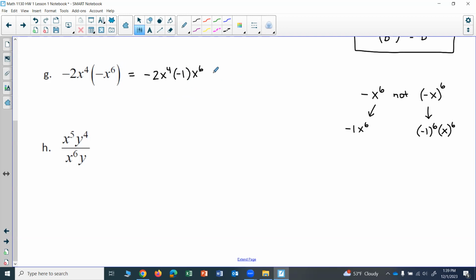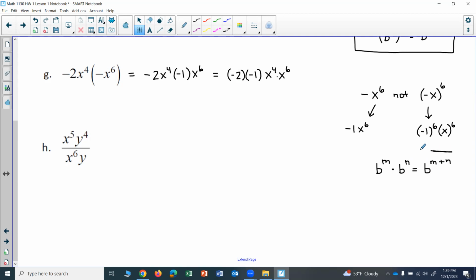So what I can do is just rearrange the order a little bit. So that's like negative 2 times negative 1, and then x to the 4th times x to the 6th. So now I'm going to use the rule that says if I have b to the m times b to the n, that's equal to b to the m plus n.